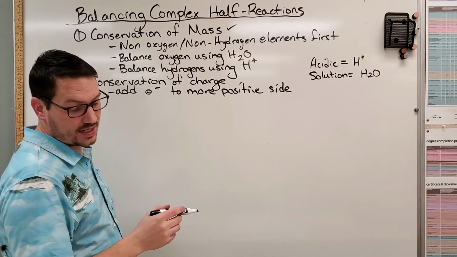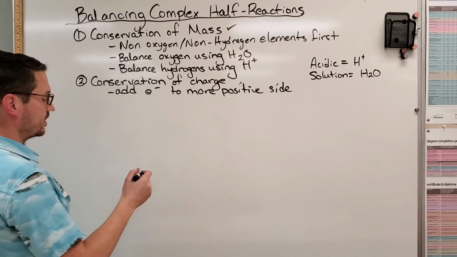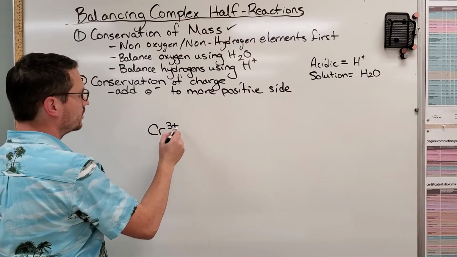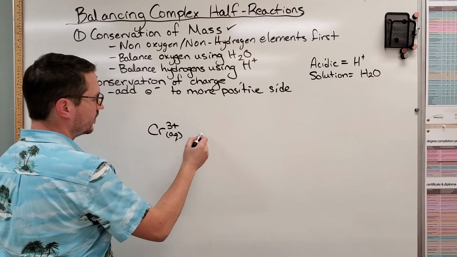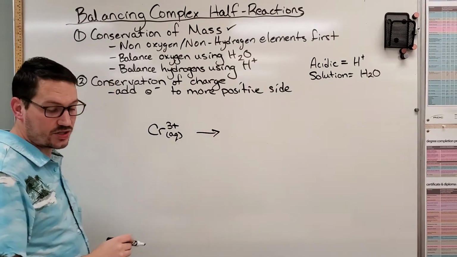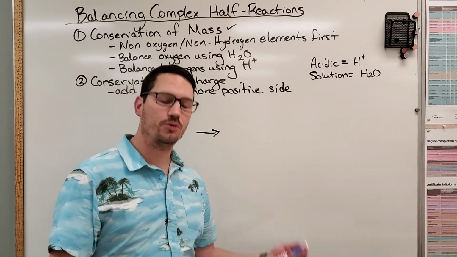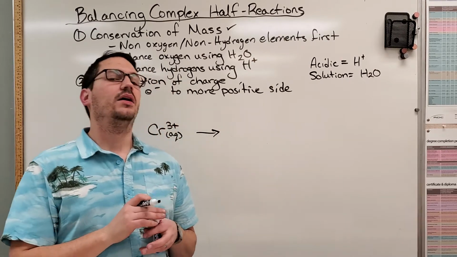So we're going to take chromium 3+ ions, and under very specific conditions, they can be turned into something called a dichromate ion.